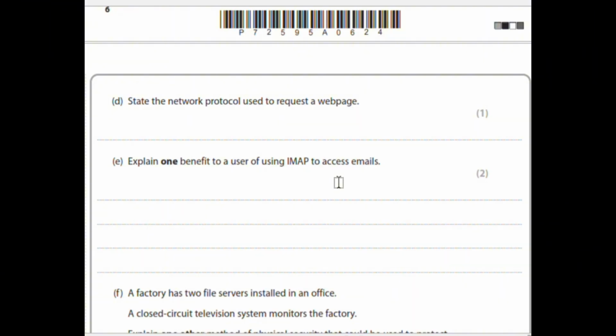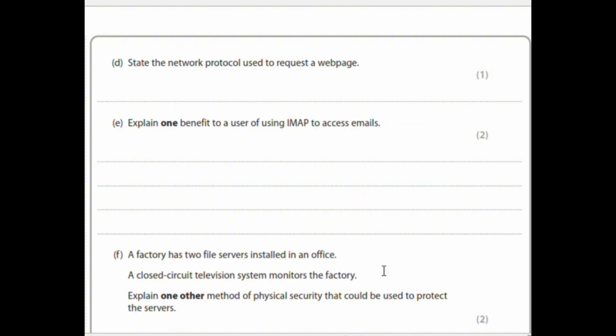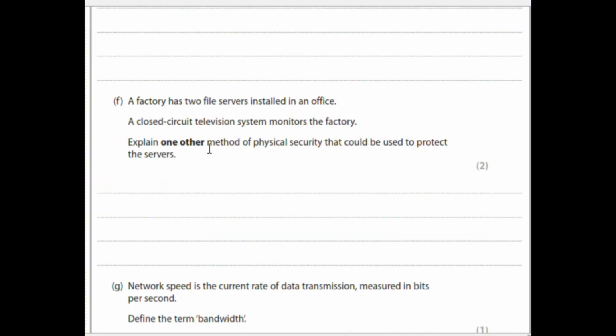Okay, so the advantage is that emails can be accessed from multiple devices because IMAP does not delete emails from the server, so the emails remain on the server. And then another advantage is that it can be accessed through the browser or applications. For example, I told you I get my emails on my phone. If you send me an email I get it immediately.